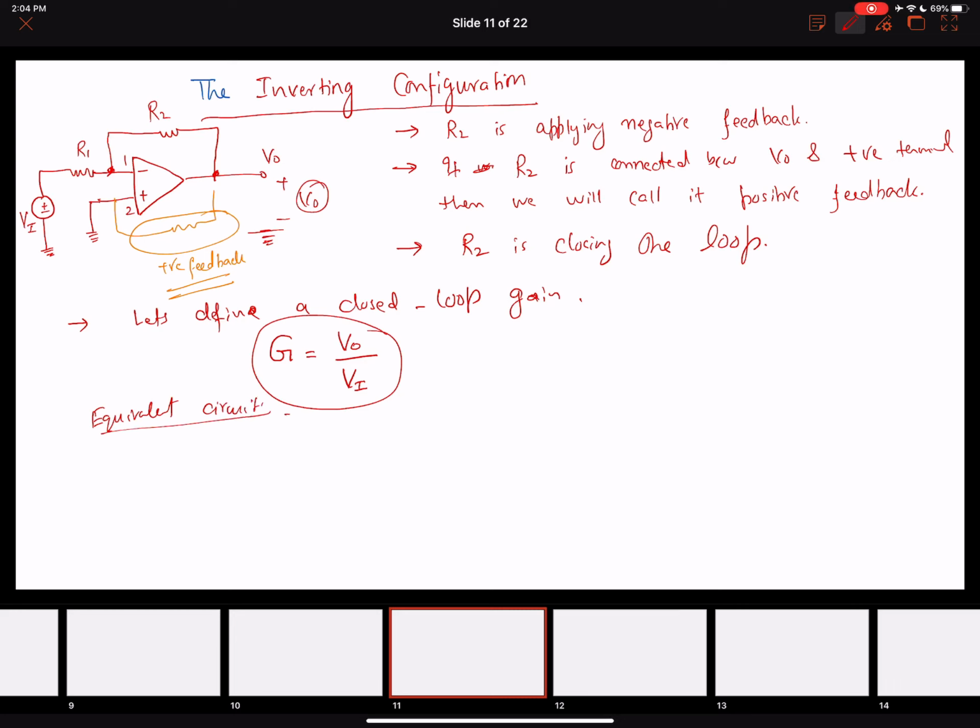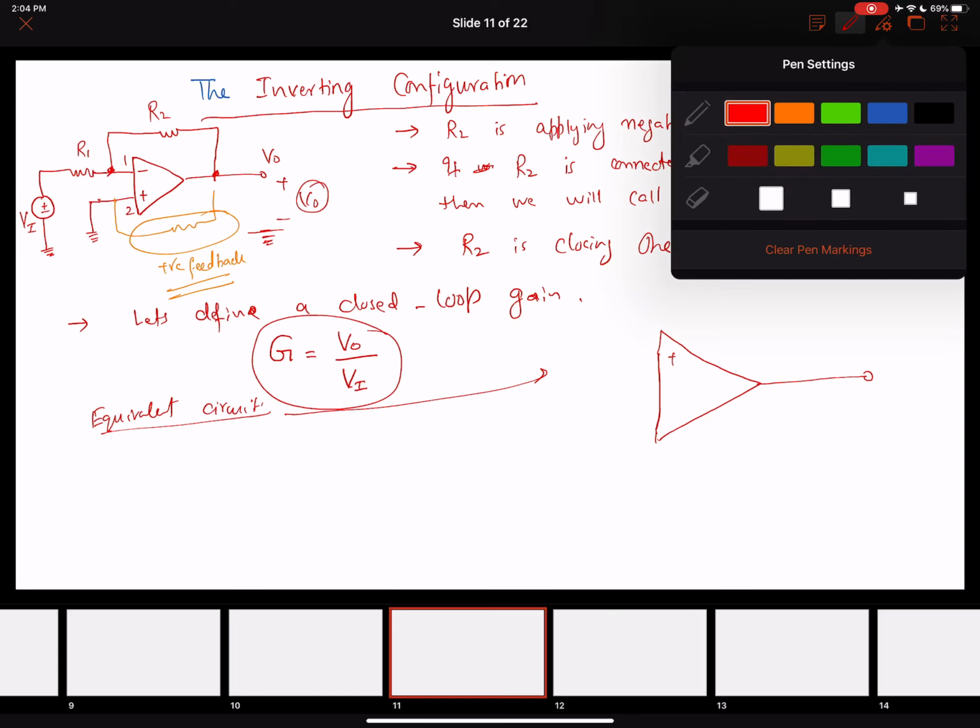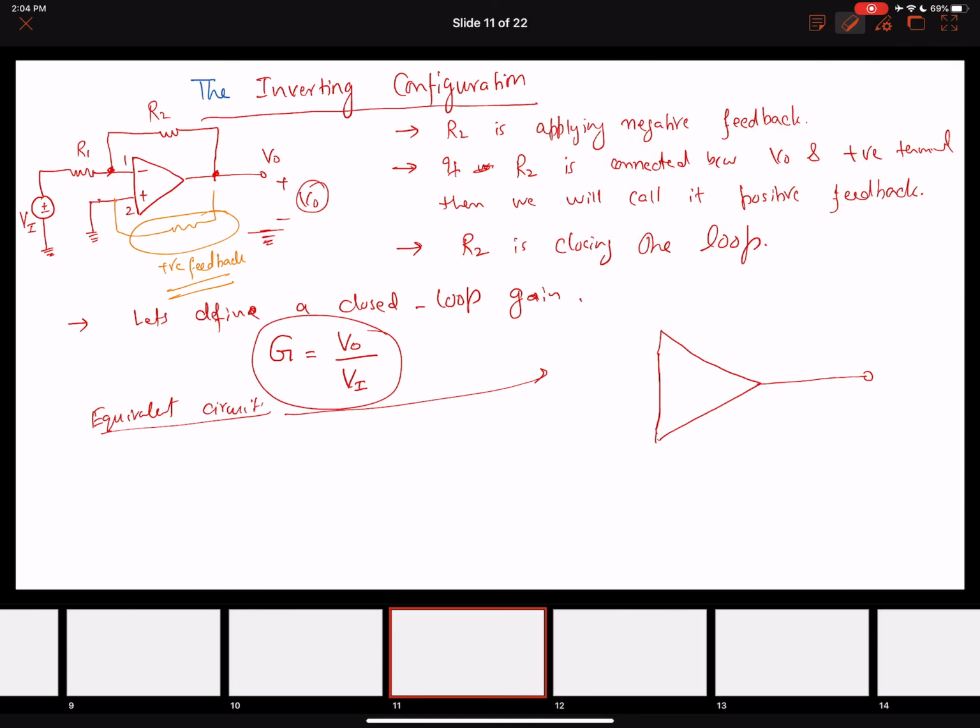All right, so I'm going to draw the equivalent circuit over here just to get more space. So I have this negative, positive. R1, a resistor, R2.